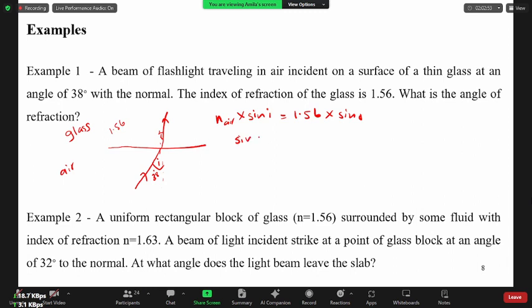So you need sine 38 here, equals 1.56 sine R. So you can find the sine 38 value and find the value for sine R.